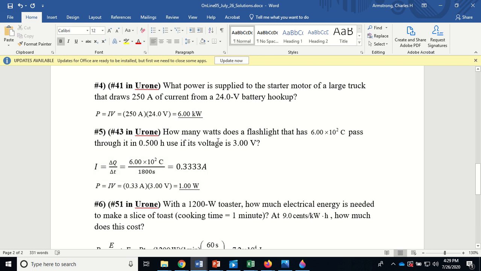We also had a homework problem that did something like that, I believe. So power equals I times V equals the 0.33 amps times the 3 volts, or 1 watt. So it's using 1 watt, 1 joule per second is what it's using.